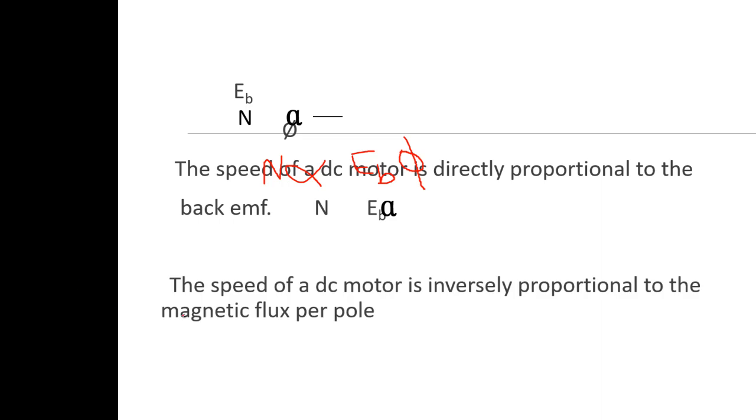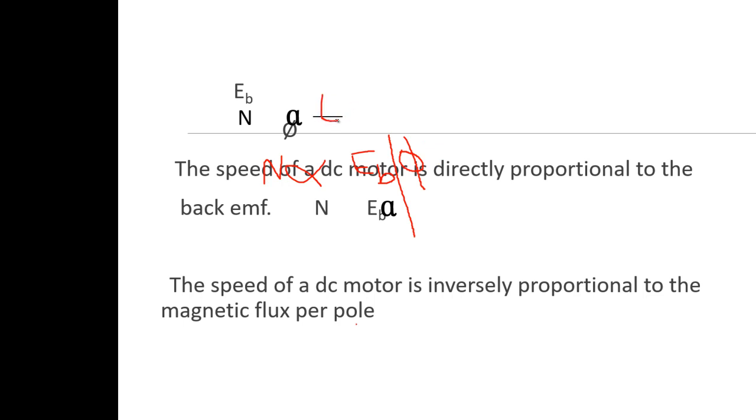Yes. So the speed of a DC motor is inversely proportional to the magnetic flux per pole. One second. So here the equation is EB is equals to phi into N, so N is inversely proportional to phi.